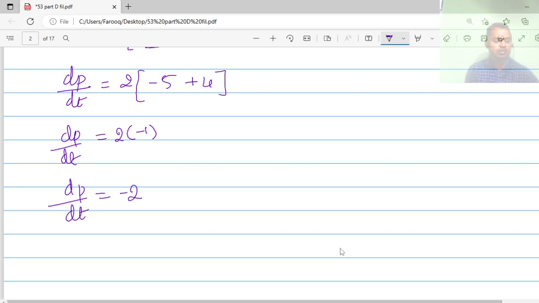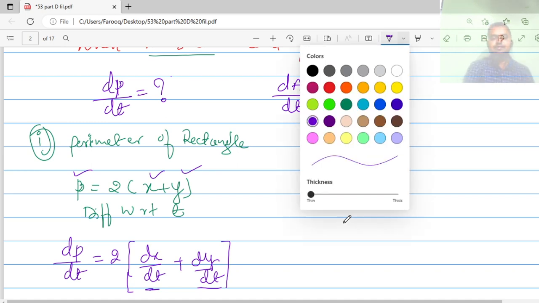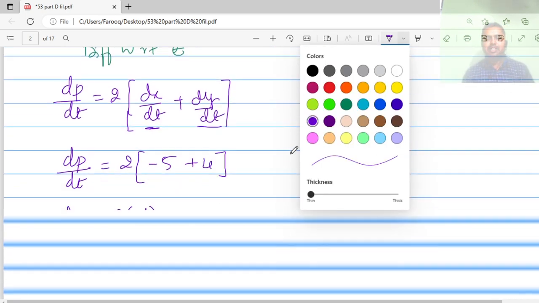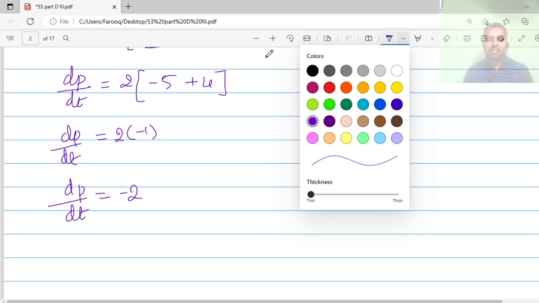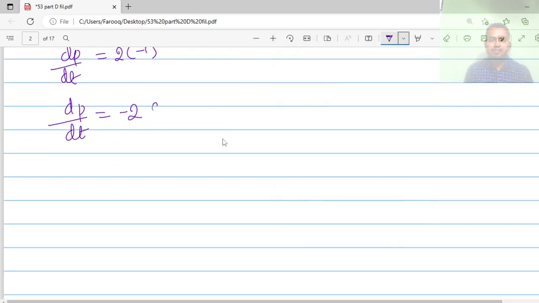So dP by dt is minus 2 centimeter per minute.